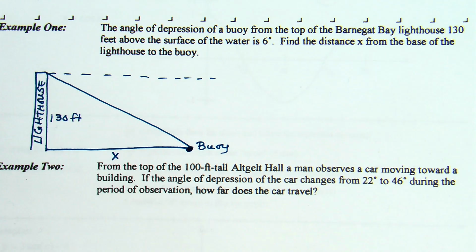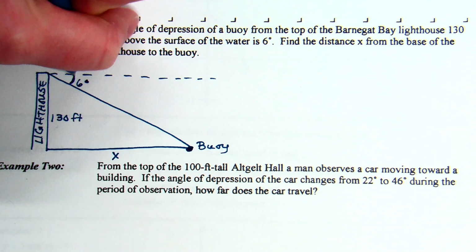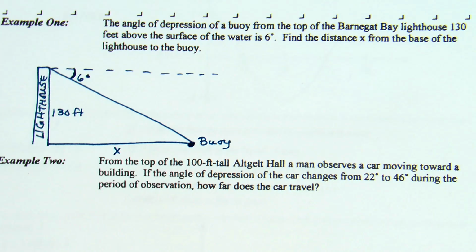Well, my line of vision is basically the hypotenuse. And so do you see that the 6 degrees is right there? Is that where you would have put it? Yep. That's what I'm hoping.